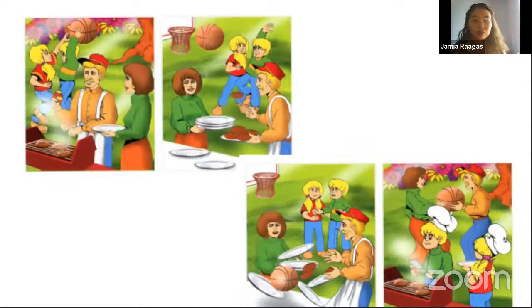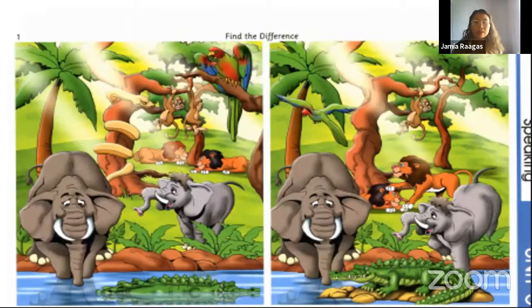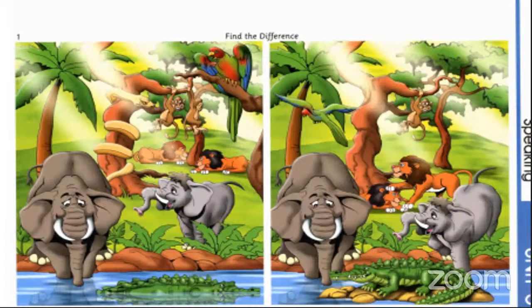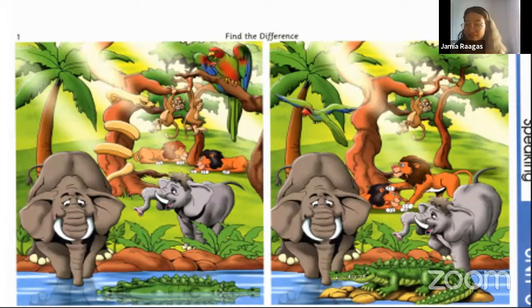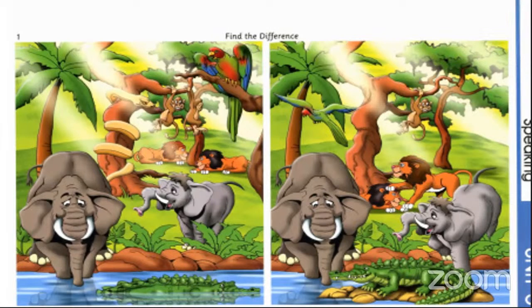I want you to look at these two photos and tell me the difference between these two. On the left, there's a snake on the tree and a pirate is standing on that tree.